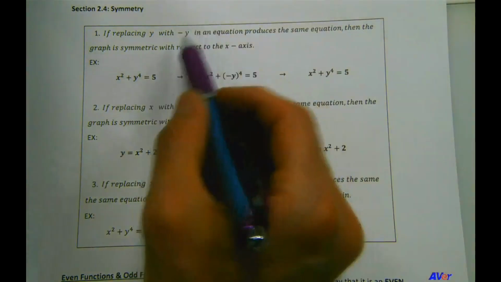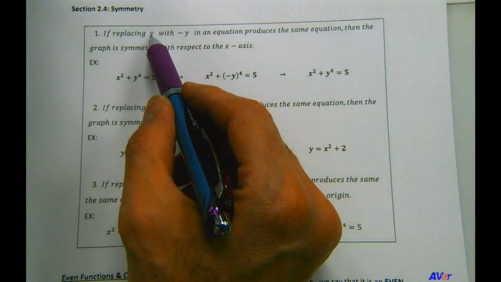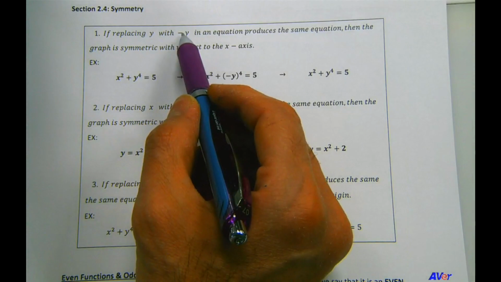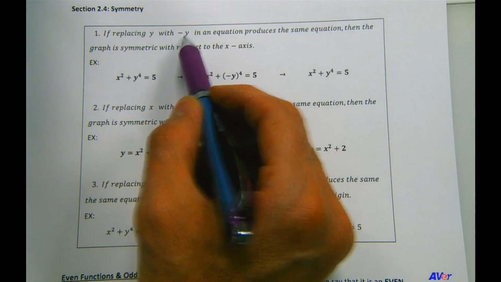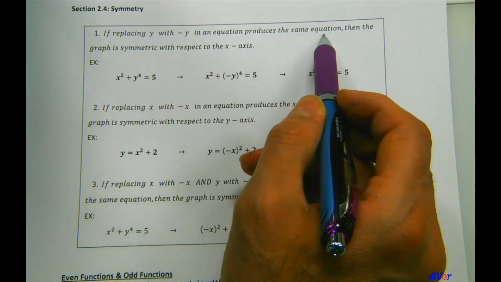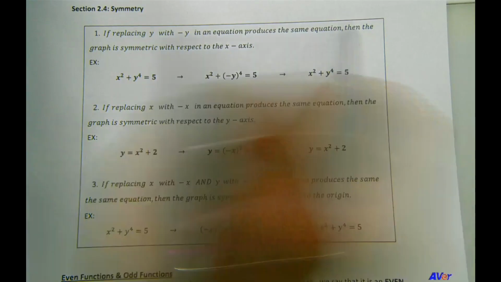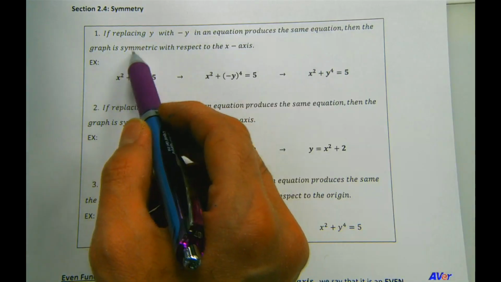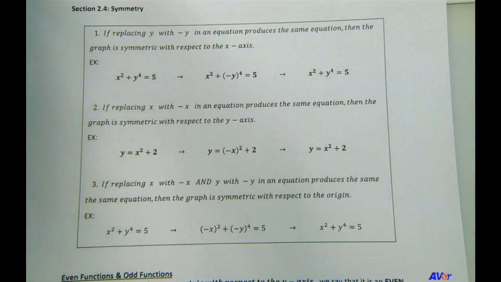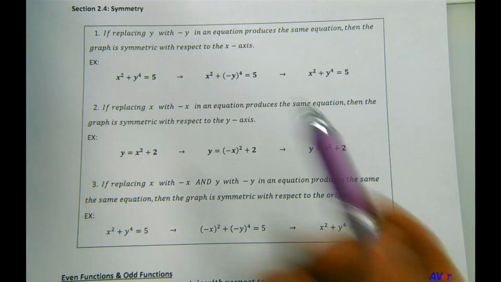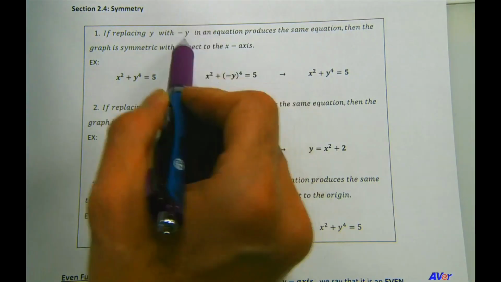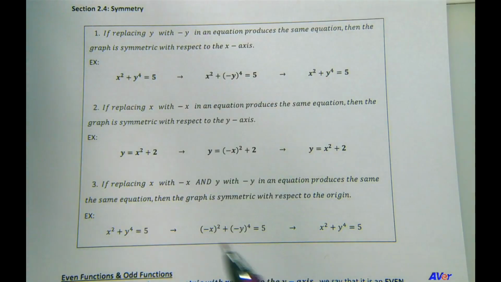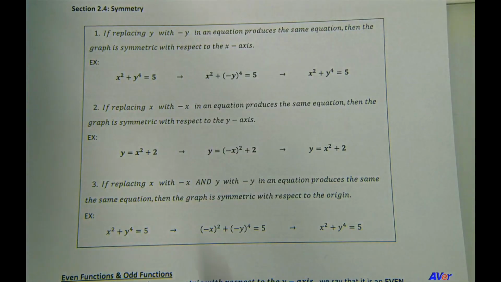If you have an equation where replacing y with negative y produces the same equation, then the graph of that equation is symmetric with respect to the x-axis. Okay? That's easy to remember. That's how I remember these. If the y replaced with minus y produces the same equation, then the graph must be symmetric with respect to the other axis, x in this case, right?